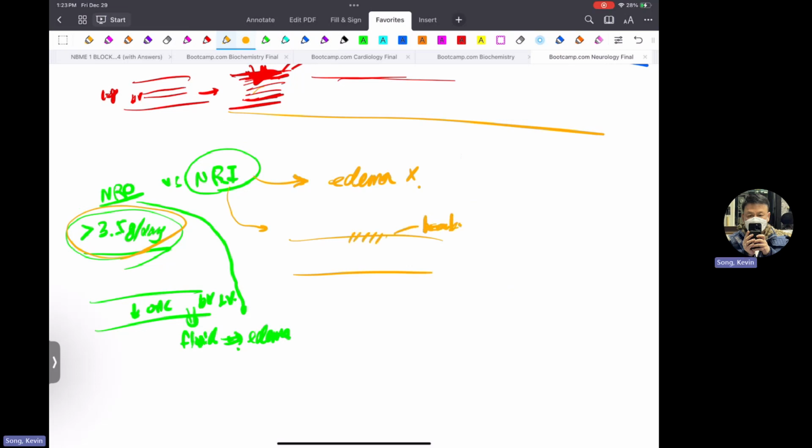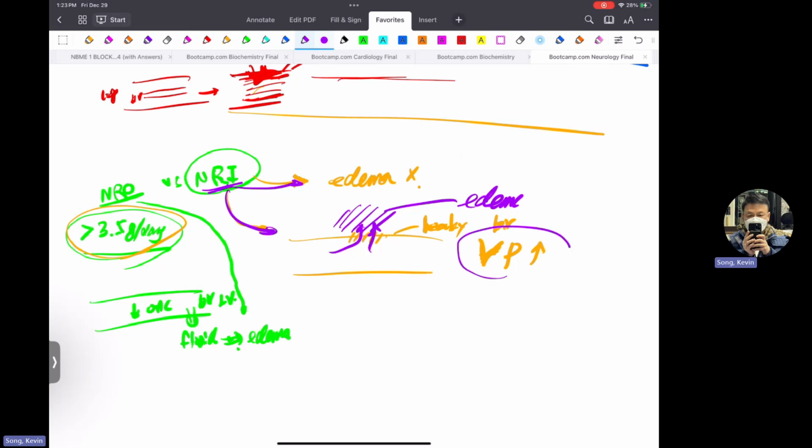Vascular permeability will increase, then the fluid will leak out, and that will cause edema, right? So nephritic may or may not cause edema. It depends on the degree of the inflammation, whether it is serious enough to cause increased permeability. Otherwise, it will not cause edema.